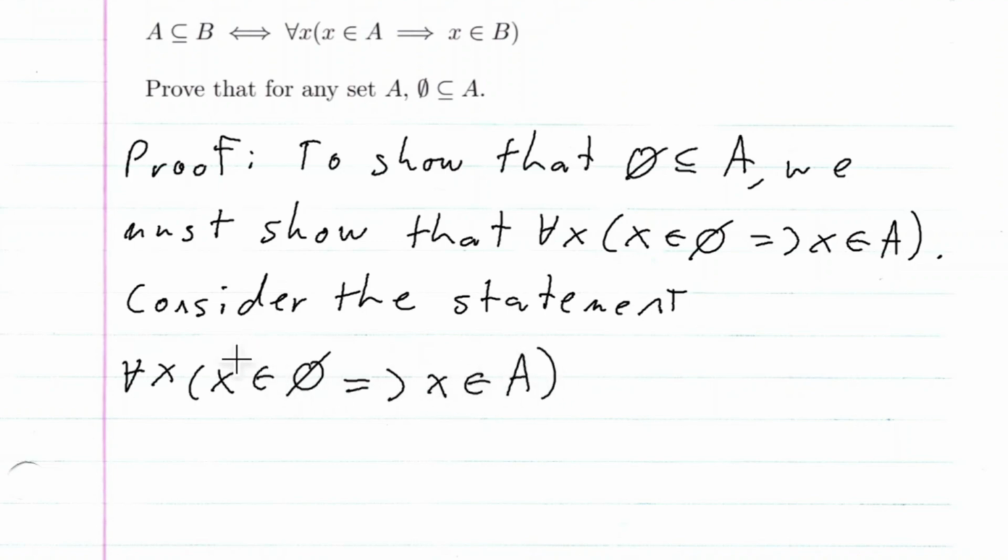So if we have this conditional statement, if X is an element of the empty set, we know that this is a false assumption. We know that X cannot be an element of the empty set because the empty set has no elements. So remember, if you have a false assumption, regardless of whether the conclusion is true or false, you know this entire statement is going to be true.